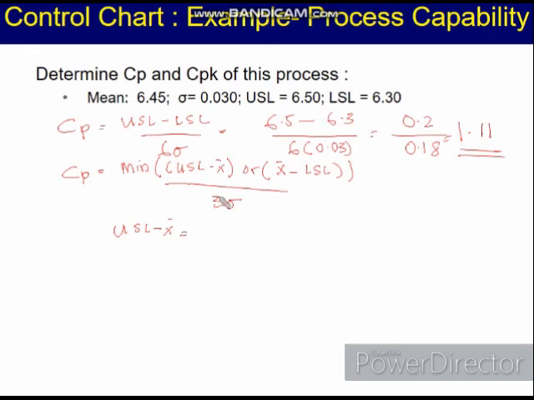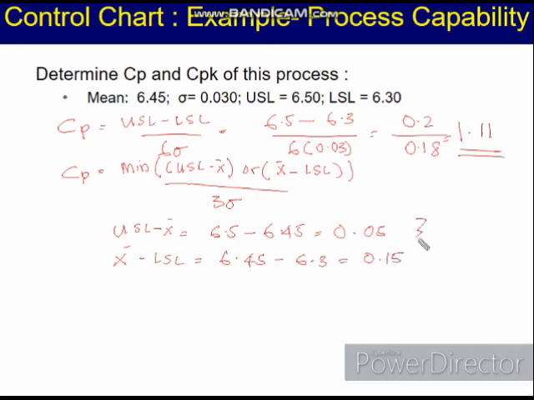The upper spec limit is 6.5 minus x bar, which is 6.45, you'll get 0.05. And x bar minus the lower spec limit is 6.45 minus 6.3, so you'll get 0.15.